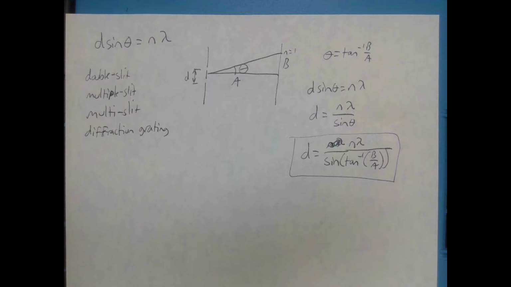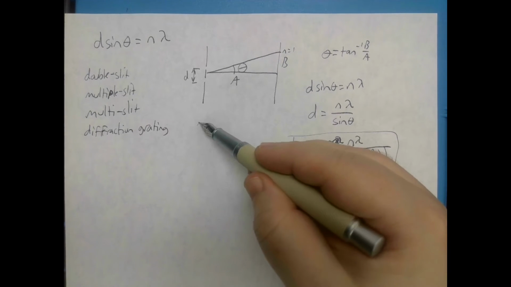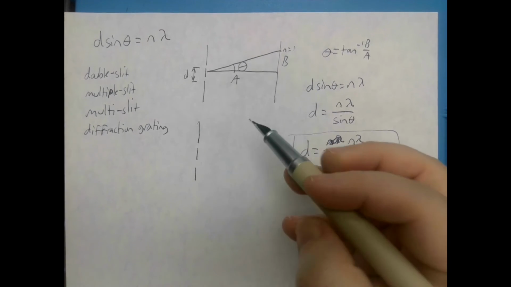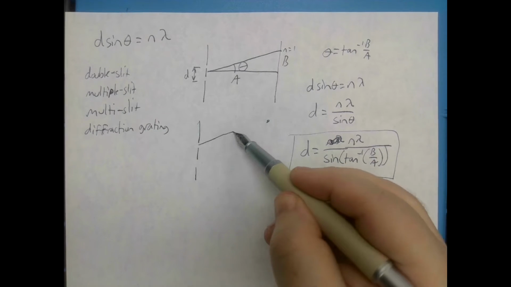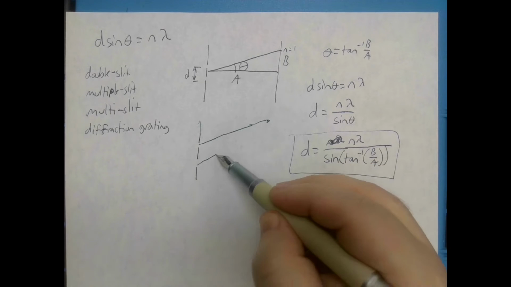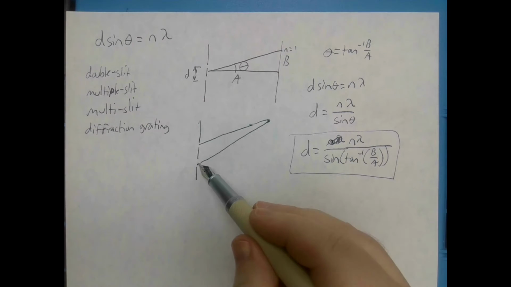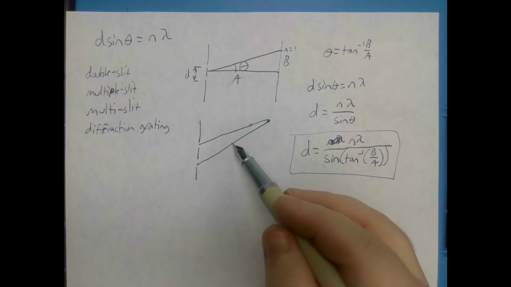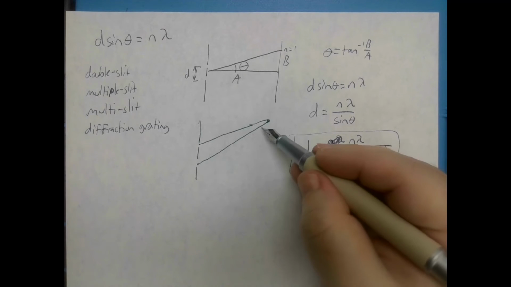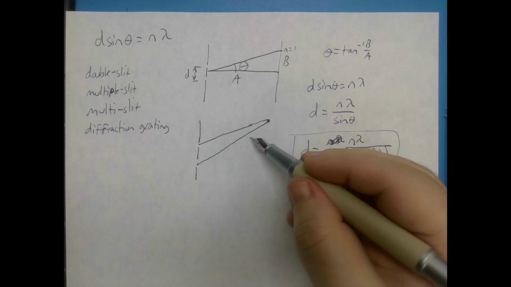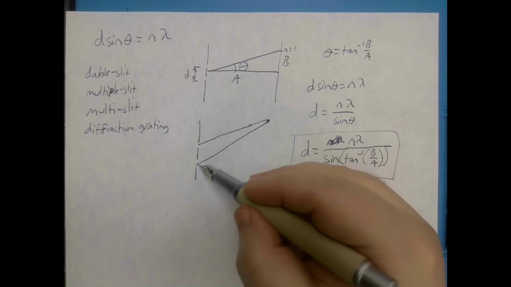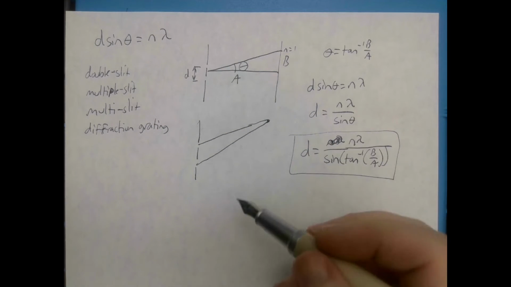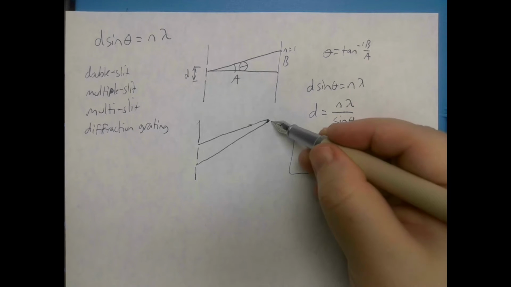And the reason this works is that we have a point here. Light that is going from here takes a longer path. Basically, we want the extra distance to be exactly one wavelength higher. You want this bottom path to be increased by one wavelength for it to reach here.